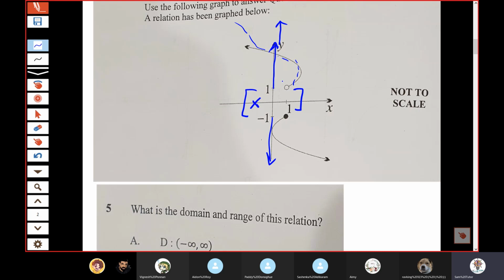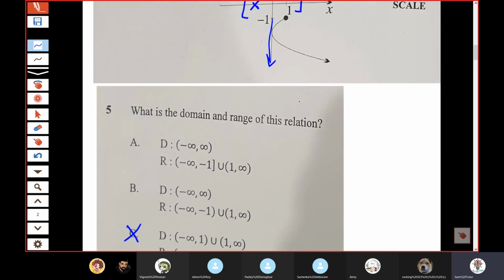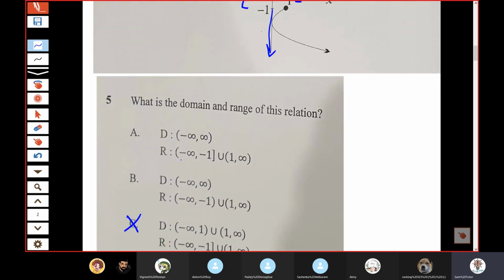So that means everything above 1, not including 1, and everything before -1, including -1. So let's have a look. Everything up to -1, including -1, and not including 1, and all the way to infinity. The answer is A.